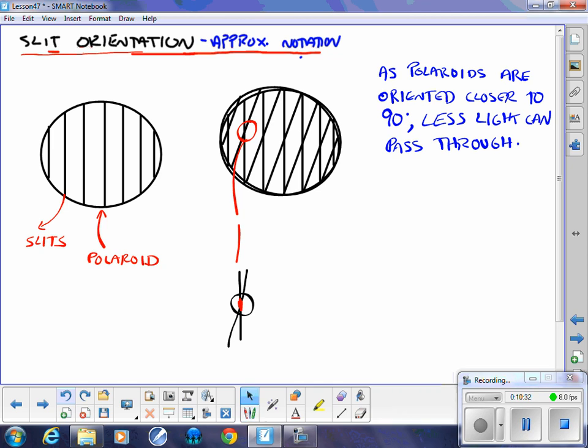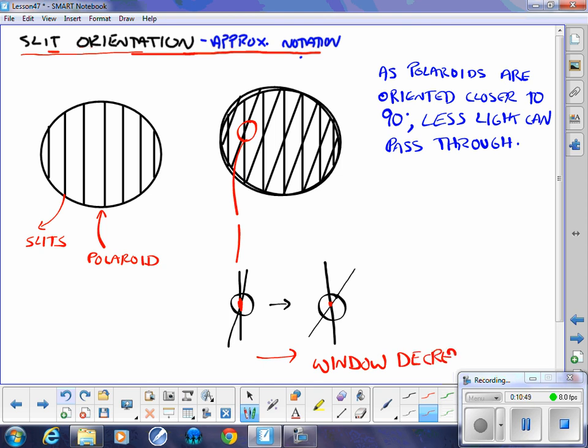As you twist that line further and further apart, that cross section becomes smaller and smaller. So the window decreases in size, and less light is able to pass through as that window of opportunity decreases. All right.